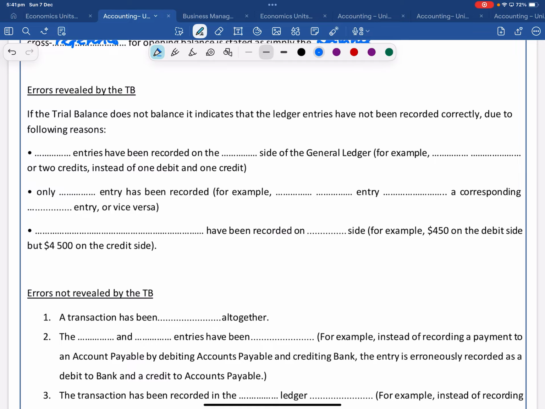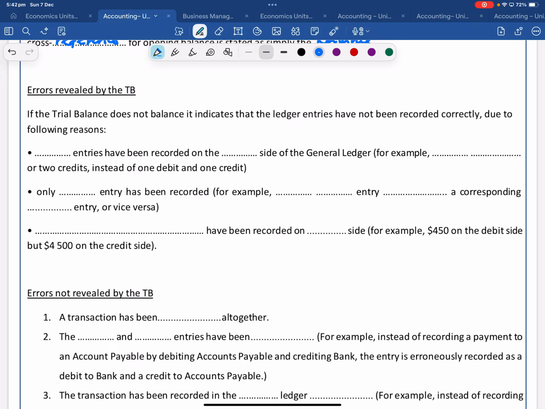Remember I told you in the definition, trial balance checks arithmetical accuracy, numerical accuracy only. That means when our trial balance is balancing, we can be happy that we have done the numbers correctly. Does that mean there are no errors whatsoever? No, there can be errors.